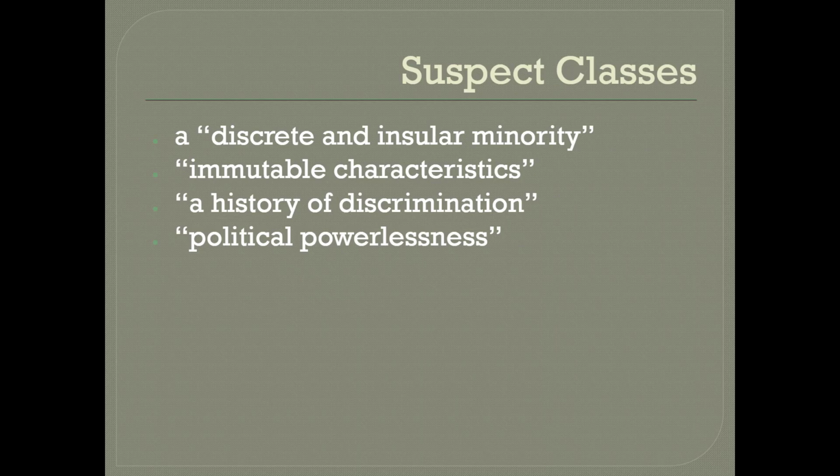And so you can see race certainly fits into all 4 of these criteria. The question is, what other groups fit into the suspect classification? Well, the Supreme Court has over time decided which groups are protected by the 14th Amendment and which ones aren't. And one category, of course, that we've already talked about, but we'll expand on it a bit, is race.